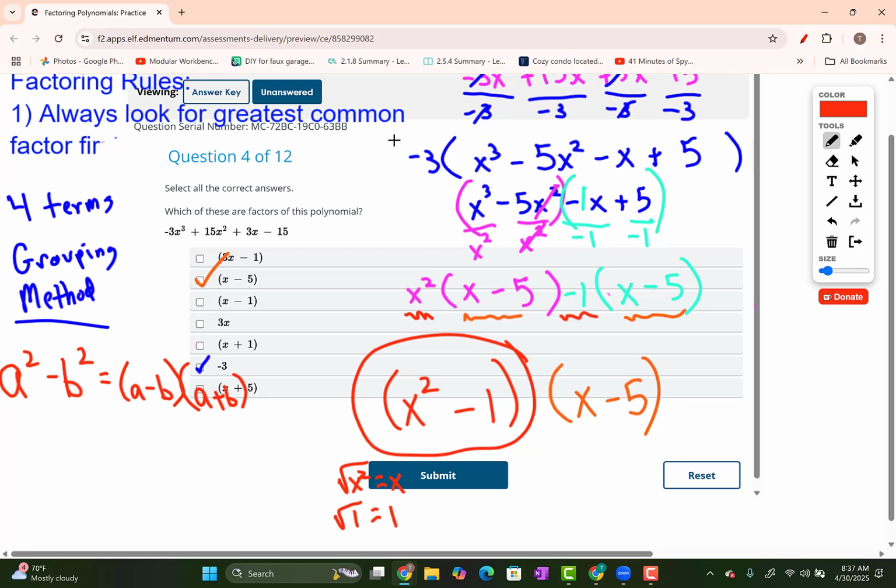So the factors for x squared minus 1 are x plus 1 and x minus 1 in no particular order. We could have switched the plus sign and the minus sign, but those are the other 2 factors. So those 4 factors in all are the answer to number 4.